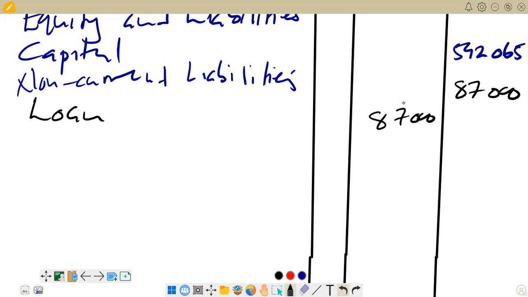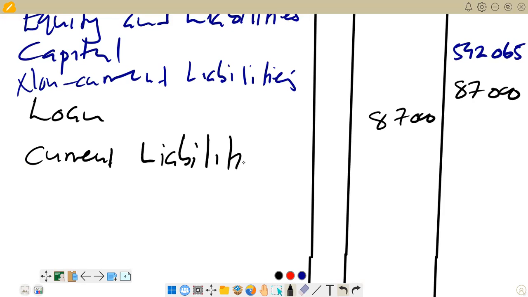And then lastly, we go to the section of current liabilities. On current liabilities, we have trade and other payables, that's the first one.